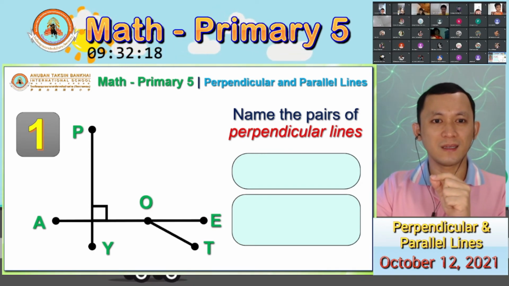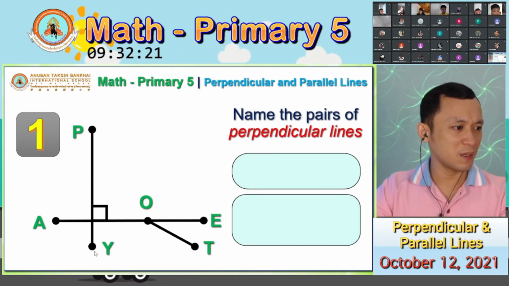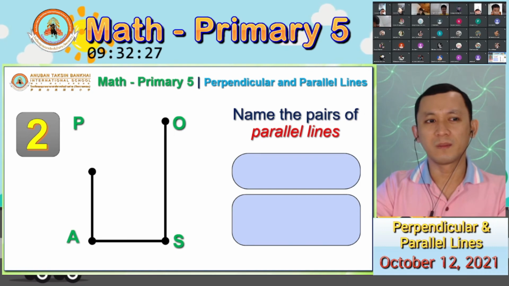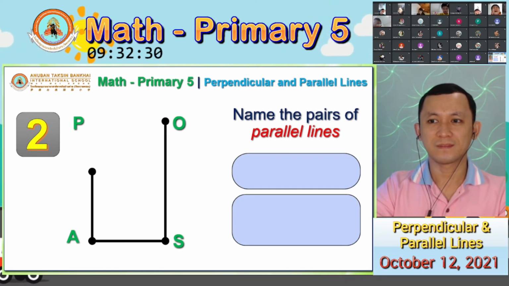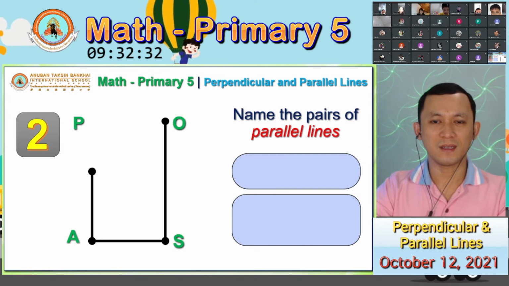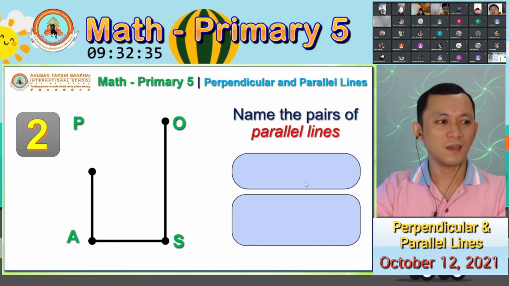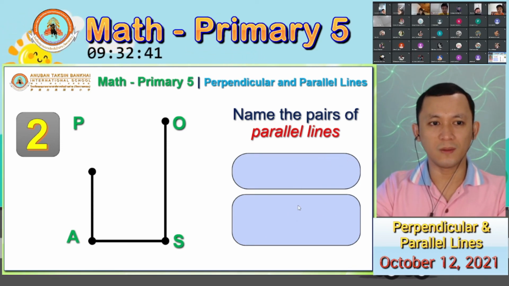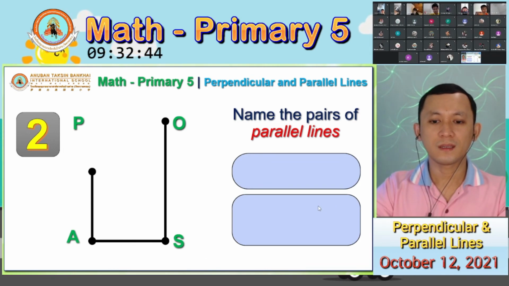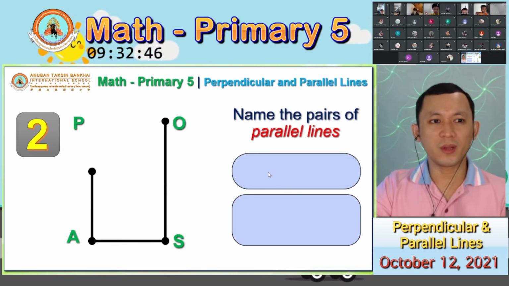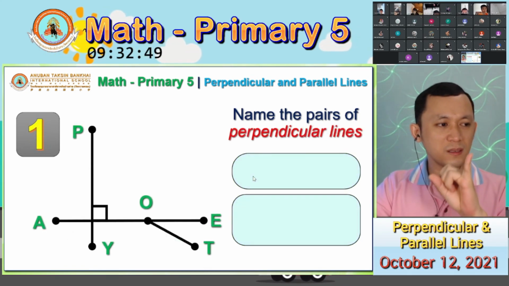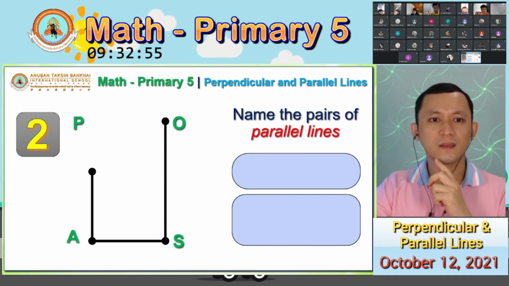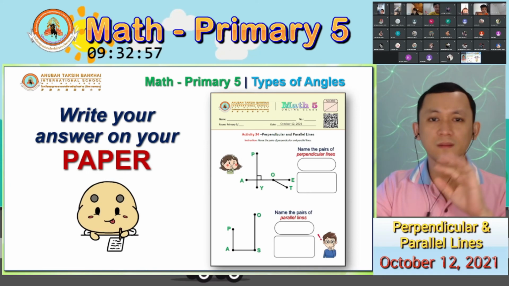Number 2 is parallel lines, very easy. Write the symbol and then the words below. So again, we only have 2 activities: number 1 perpendicular lines and number 2 parallel lines.